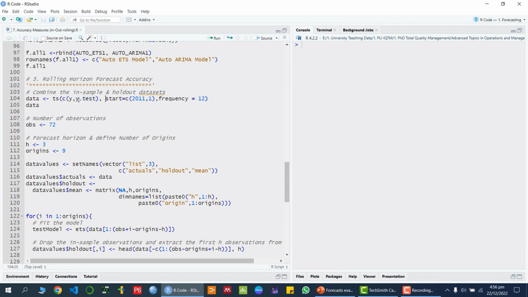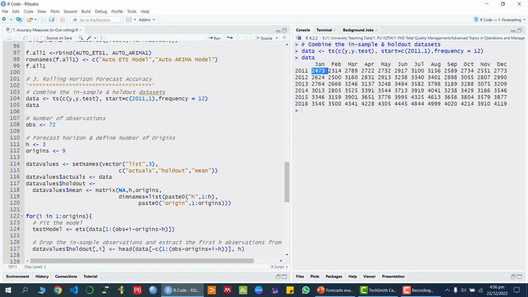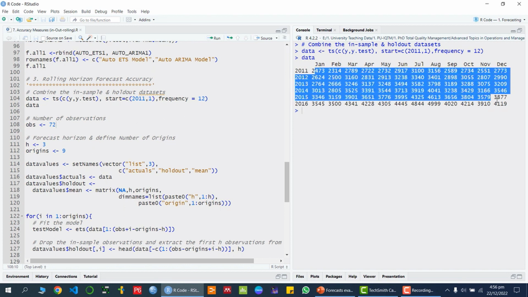Because the starting point of the actual data is January 2011, and it's monthly data, I'm converting it into a time series and storing it in the data variable. So this is January 2011 to December 2016. Then I am mentioning the total number of observations.